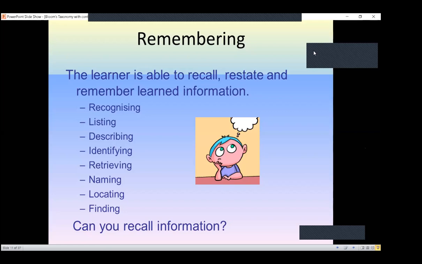So in the class, whether it is engineering class, arts class, commerce class, or any kind of class, whenever a teacher is giving information, it is just recalling of that information. So not much process is done on that information. Whatever the teacher is saying, the same information is given by the student. So that comes under remembering.